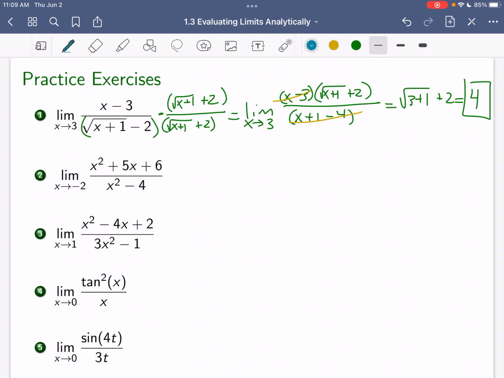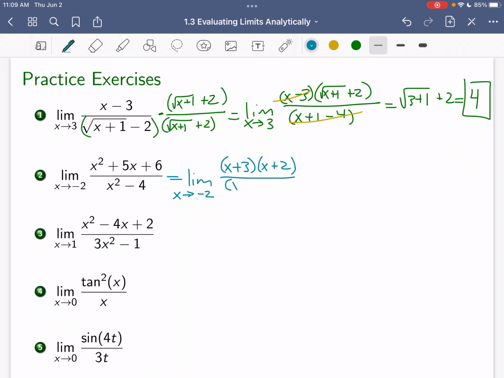In the next problem, we have the limit as x approaches negative 2, x squared plus 5x plus 6 over x squared minus 4. If we try direct substitution here, in that denominator we are going to get 0. The numerator will also give us 0. So what strategy might we try on this problem? Yeah, so let's try to factor it. So the top factors into x plus 3 times x plus 2.